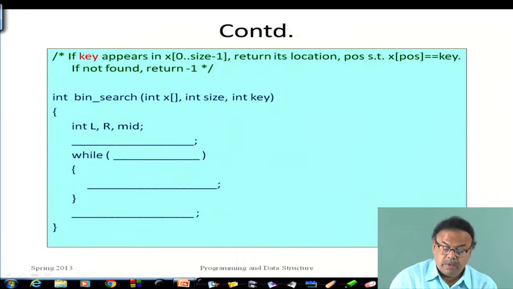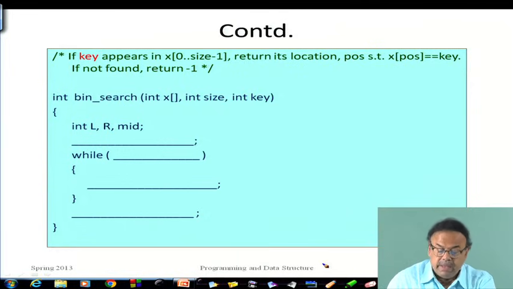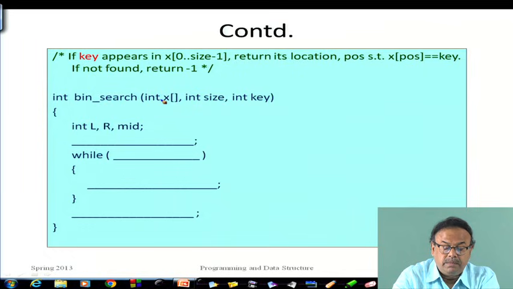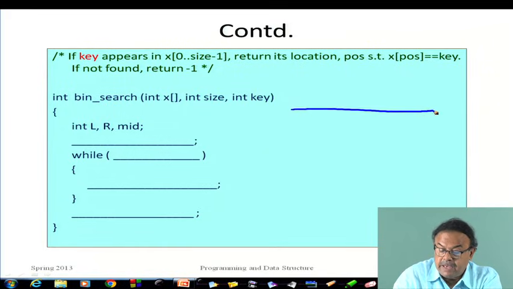Now, if we proceed with this idea, let us develop the algorithm step by step. Inside this function, the list is given to me, this array is known to me.